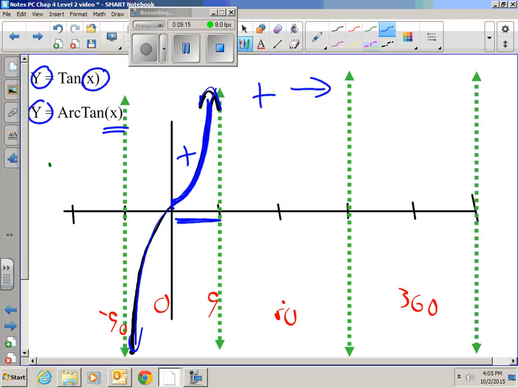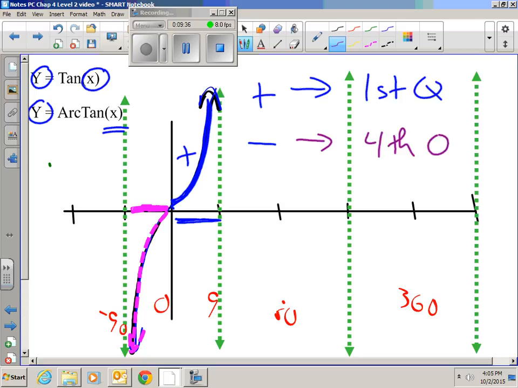So if I have a positive ratio, I go to the first quadrant. If I have a negative ratio, so my tangent is down here in dotted purple, notice now I'm in the negative fourth quadrant. Okay, so I'll write this in purple. My negative ratio takes me to the fourth quadrant, and that one again will go from negative 90 to 0.